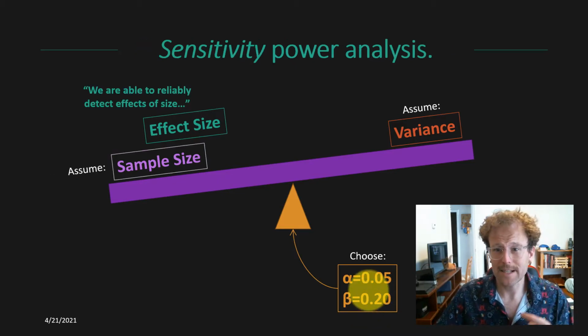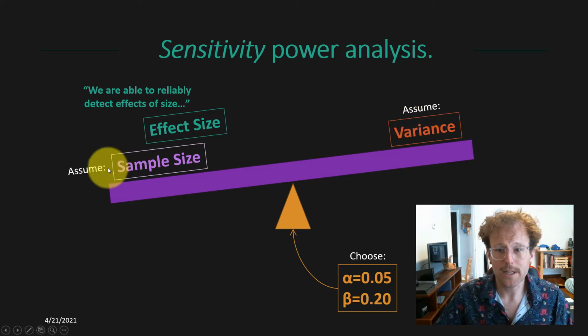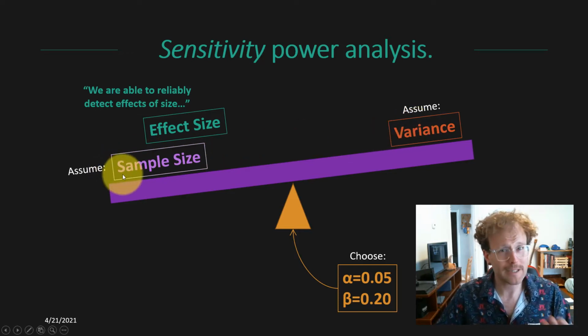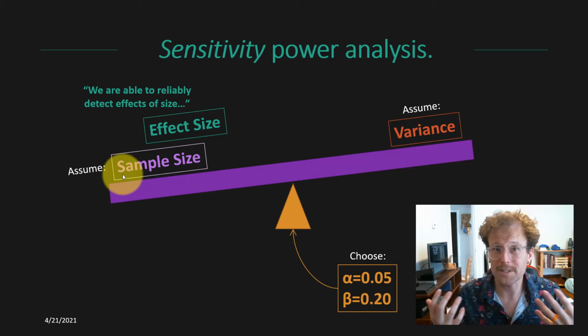In sensitivity analysis, we solve for the effect size that we can detect by fixing these other values. Again, we make a choice about our type 1 and our type 2 error rates. We make some assumption about the variance we expect based on pilot data or past research. And then we make some assumptions about the sample sizes that we can achieve, maybe based on the cost of enrolling participants in the study, the cost of collecting the data that we're trying to collect, just our historical ability to bring in patients with a particular condition, right?